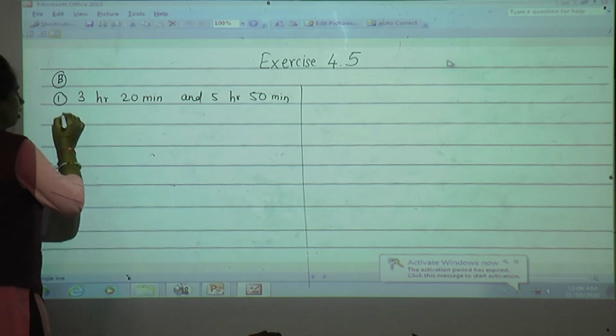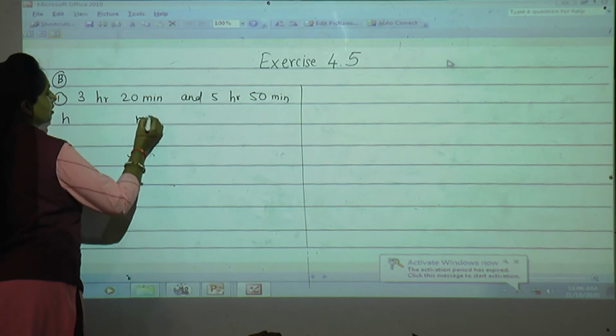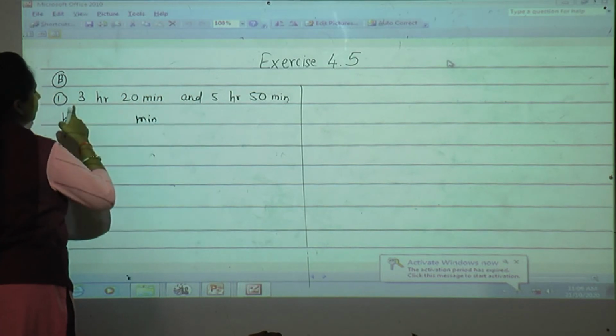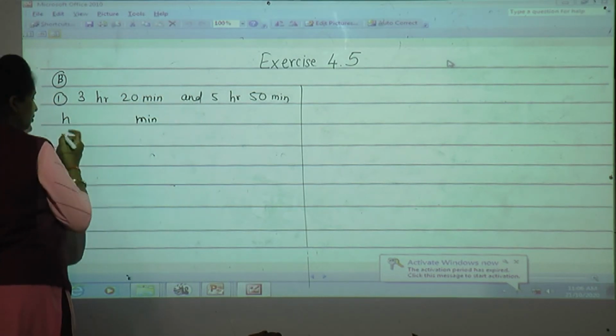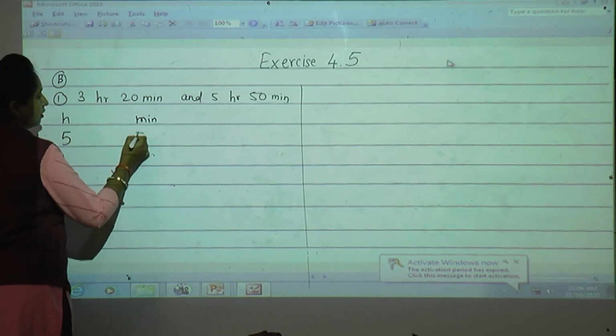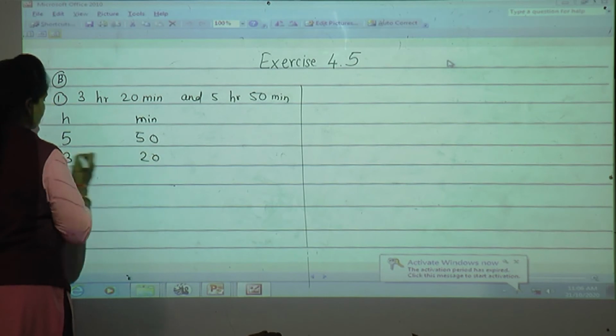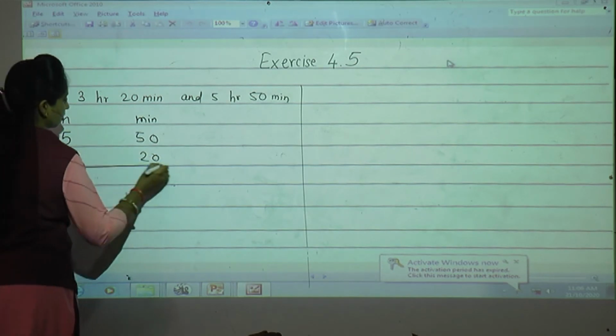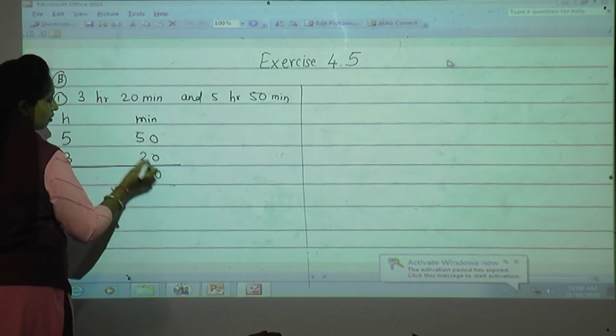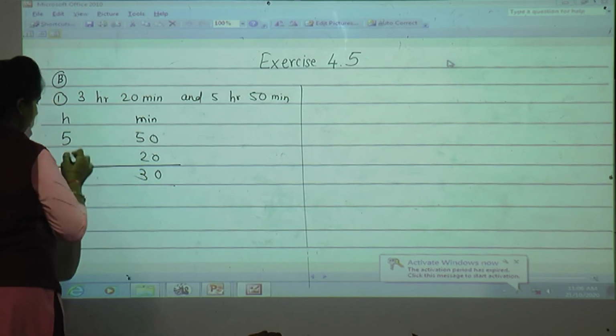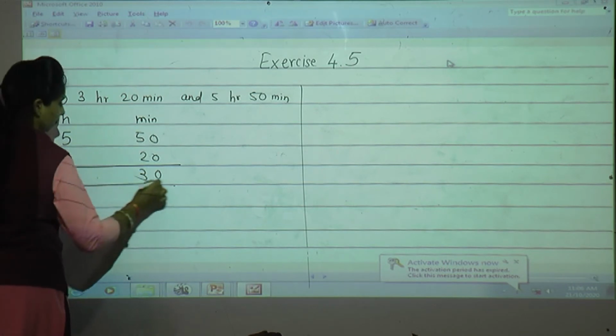Now hours and minutes. See which is greater, 3 hours or 5 hours? Of course 5 hours. 5 hours 50 minutes and 3 hours 20 minutes. Subtract: 0 minus 0 is 0, 5 minus 2 is 3, 5 minus 3 is 2.